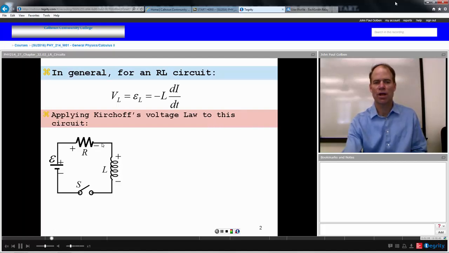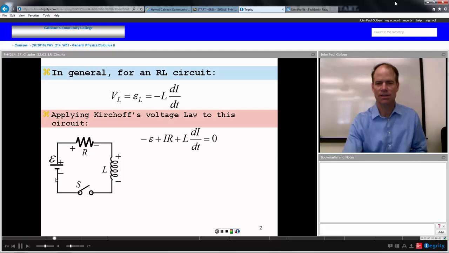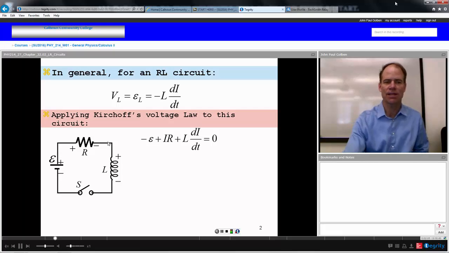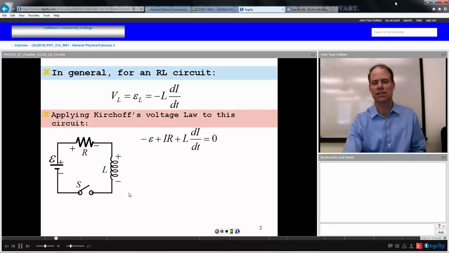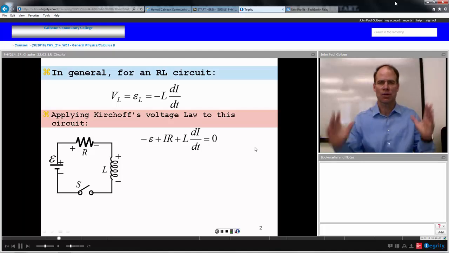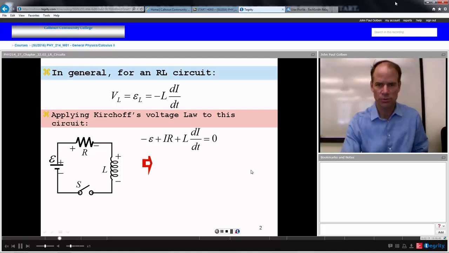And if we were to apply Kirchhoff's law going around one loop of this series circuit, we would say negative E plus current times resistance plus L di dt equals 0. And that would just be going around the circuit applying Kirchhoff's voltage rule.